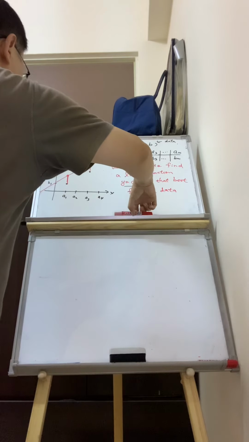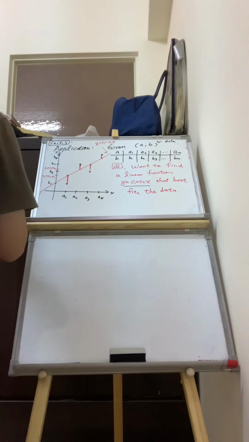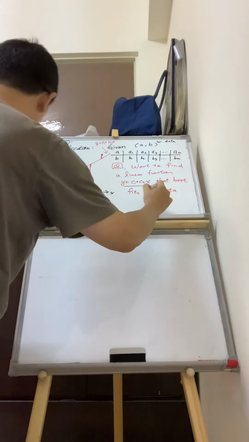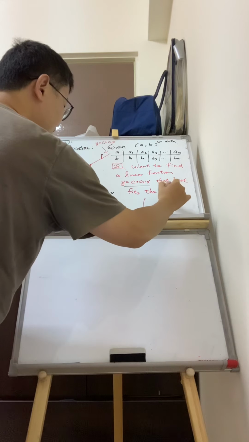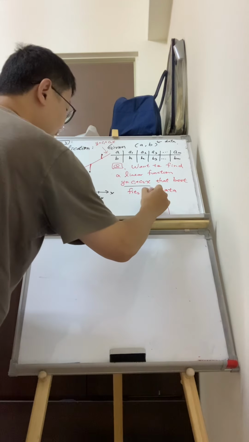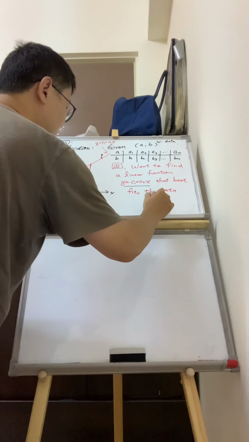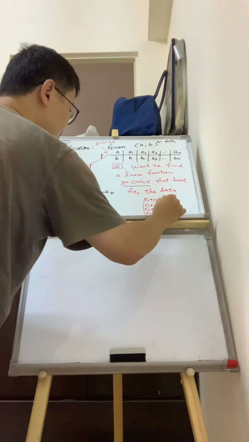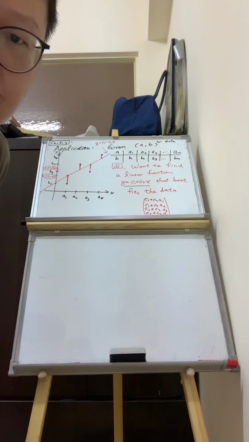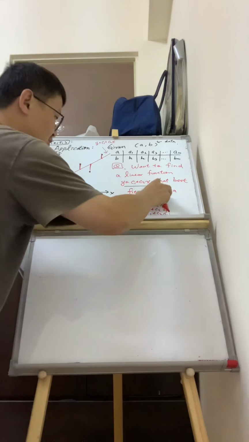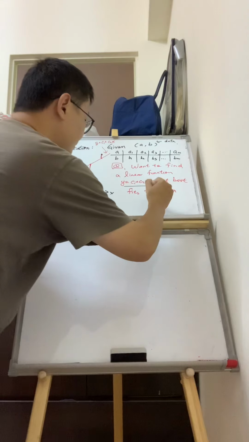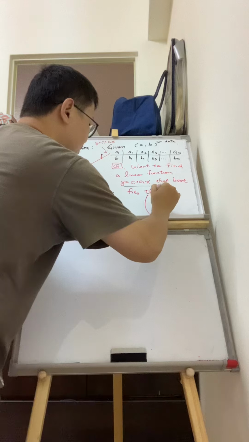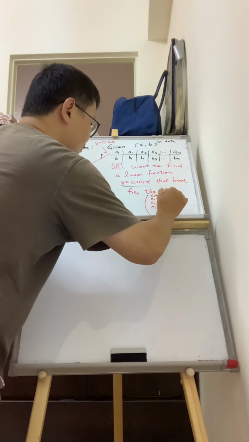If I label it this way, for these points I write down: C1 plus C2A1, C1 plus C2A2, C1 plus C2A3, C1 plus C2A4.